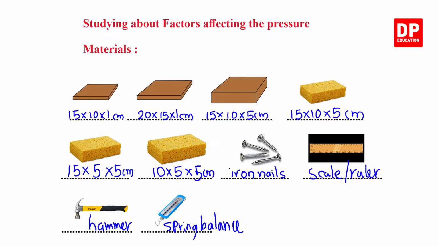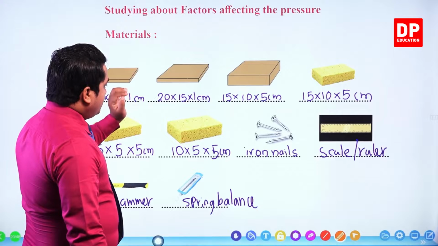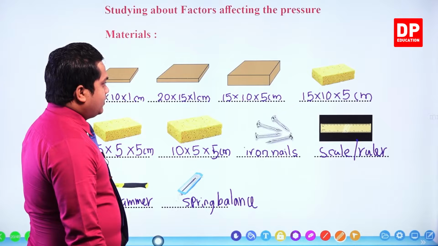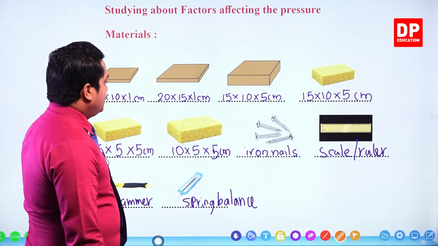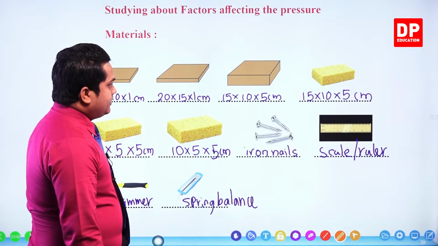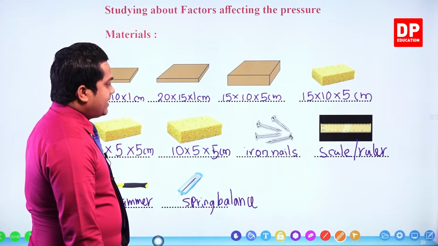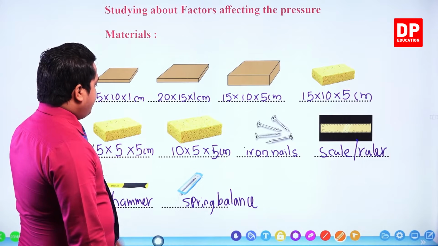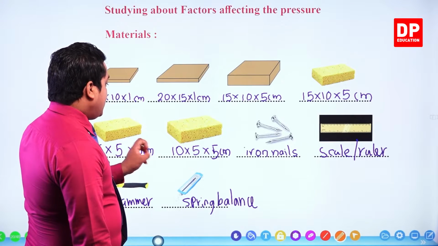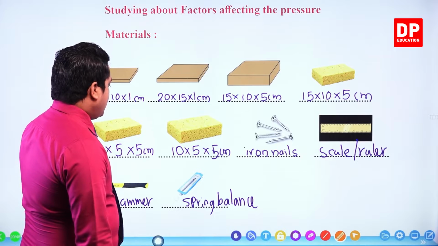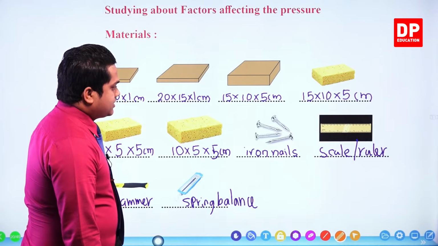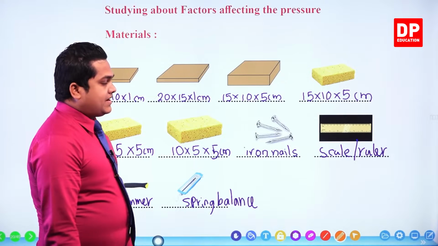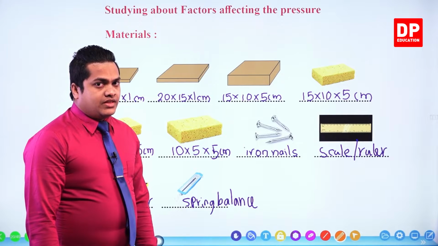So you'll need 3 wooden planks: 15 by 10 by 1, 20 by 15 by 1, 15 by 10 by 5. Then you'll need 3 sponge layers separately: 15 by 10 by 5, 15 by 5 by 5, 10 by 5 by 5. Then some iron nails, a scale or else a ruler, a hammer and a spring balance. So these are the materials that you need when doing this activity.